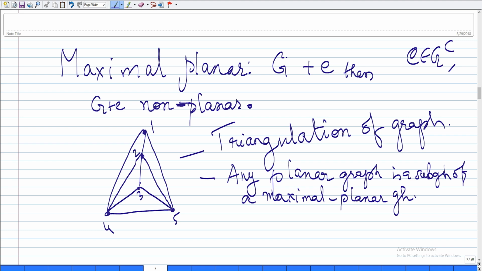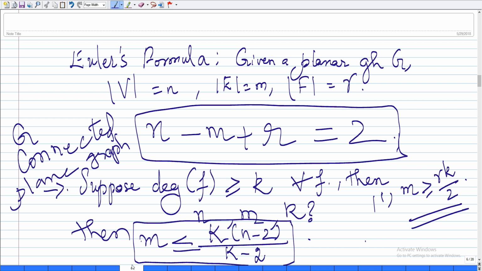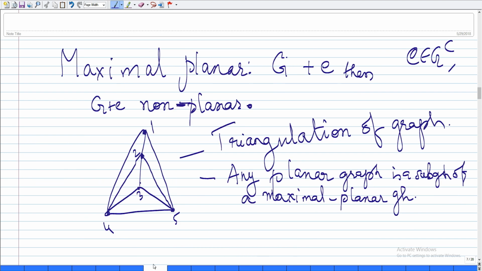If you put it back into that formula, m is less than or equal to k times n minus 2 by k minus 2. What is my k here? In my maximal planar graph, every face has degree 3. We are triangulating the graph so that every face has degree 3, in fact even the outer face.